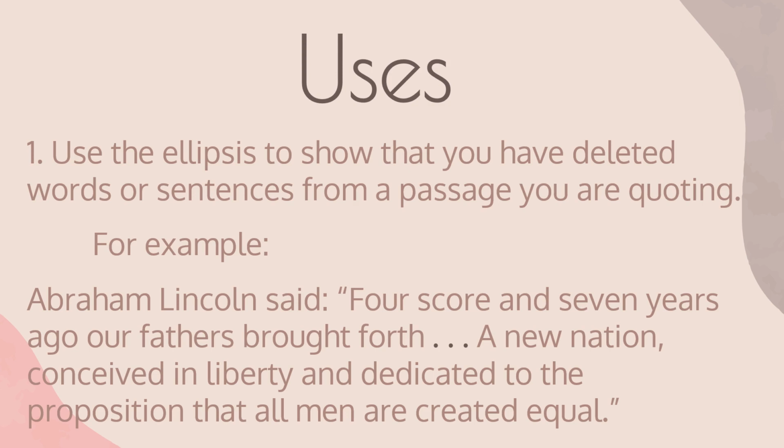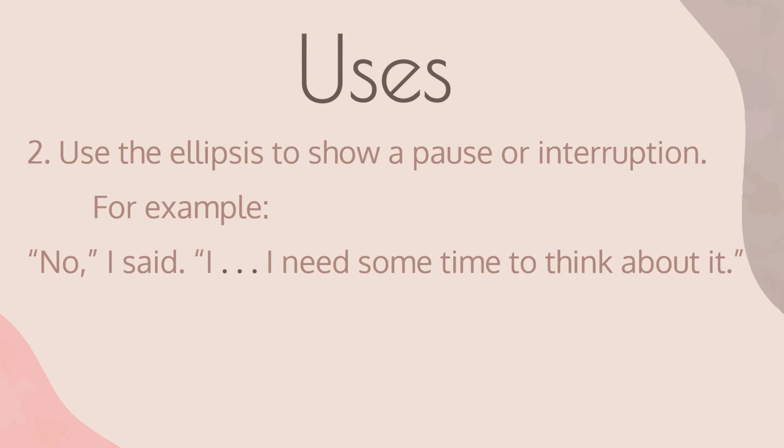We used three dots, an ellipsis, to indicate that we have skipped over, or deleted, a lot from the quote. And lastly, we use an ellipsis to show a pause or interruption. For example, "No," I said, "I... I need some time to think about it." Here, the ellipsis shows a pause.